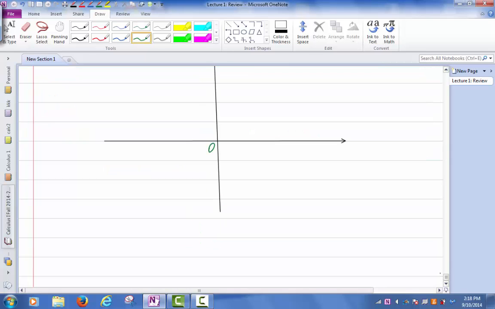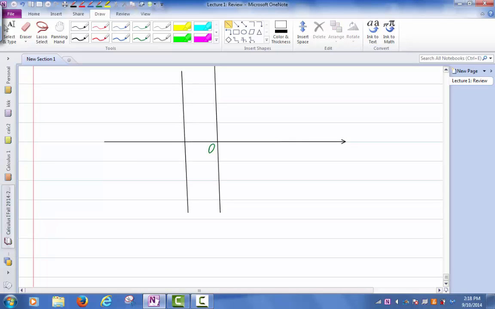And so in this case, let's make another vertical line at negative 2. So here I have negative 2. Then the graph is just a shift to the left by 2 units, so it looks like this. And here it looks like this.